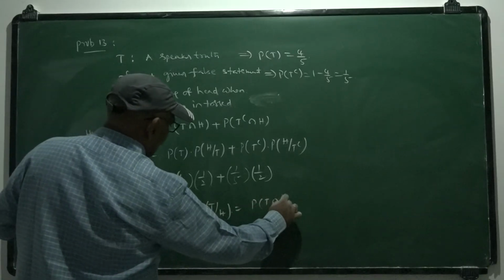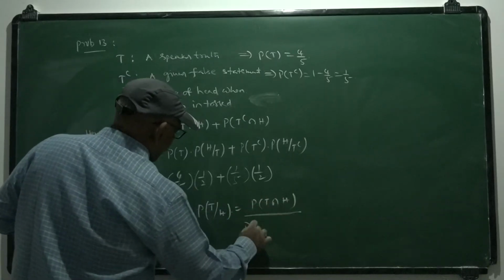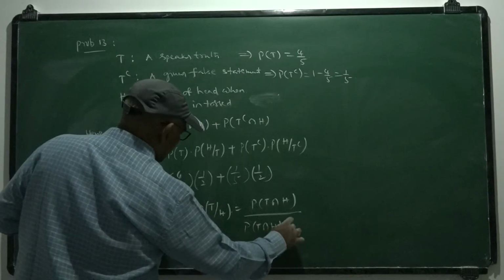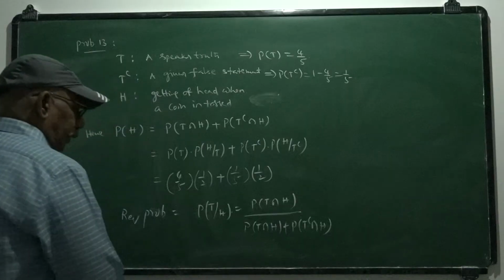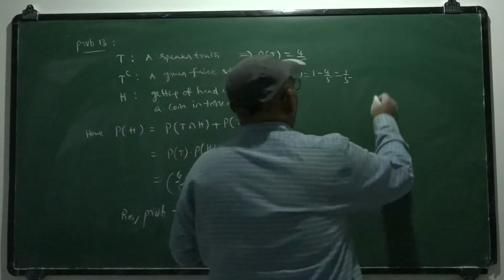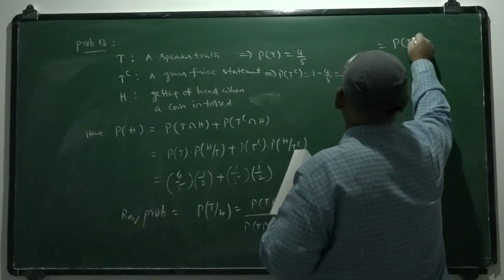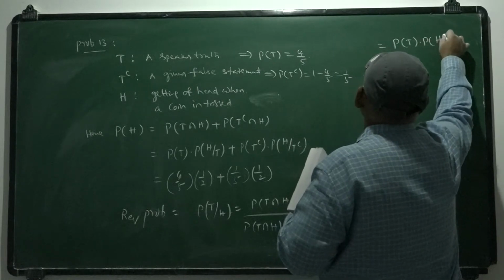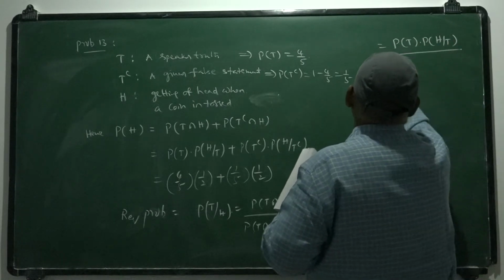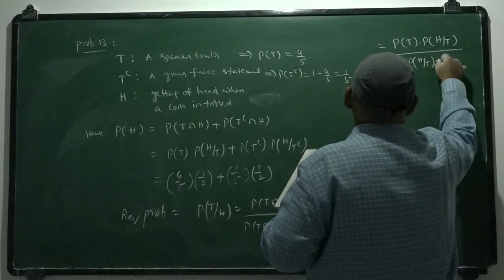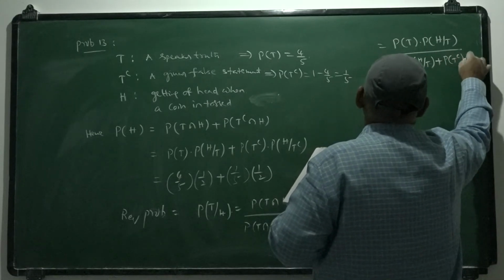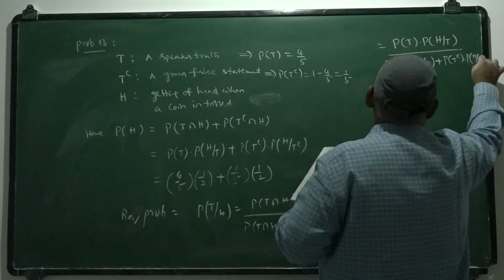That is T intersection H by probability of T intersection H plus probability of T complement intersection H. That is probability of T into probability of H on the occurrence of T, by probability of T into probability of H on the occurrence of T plus probability of T complement into probability of H on the occurrence of T complement.